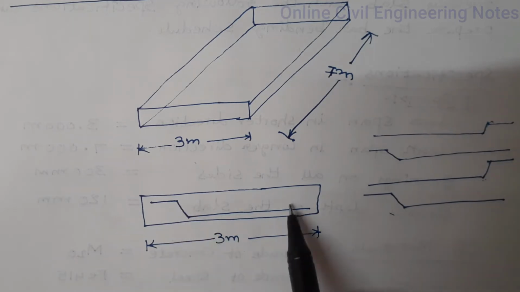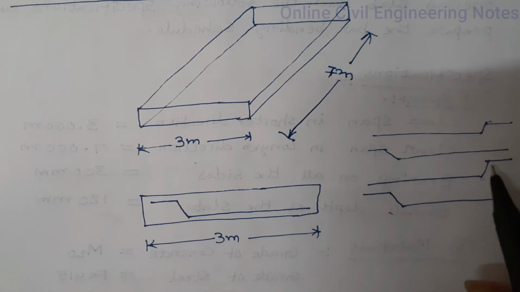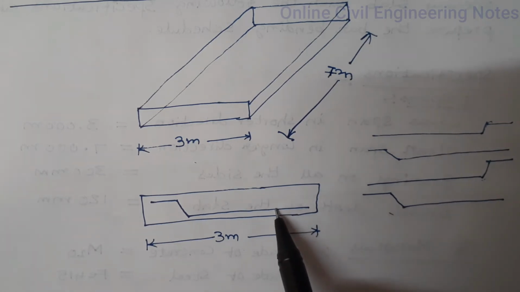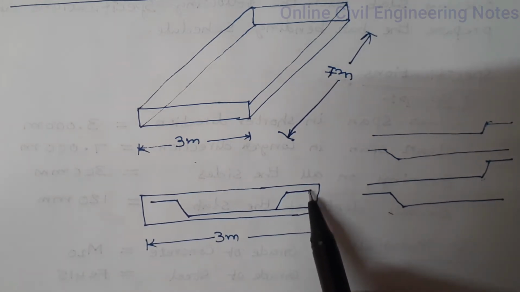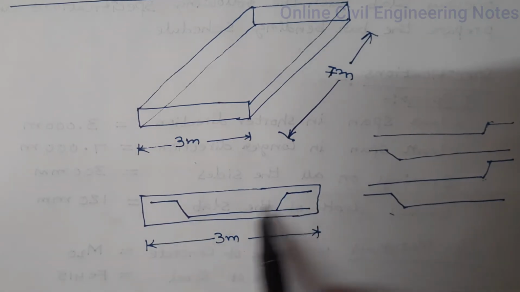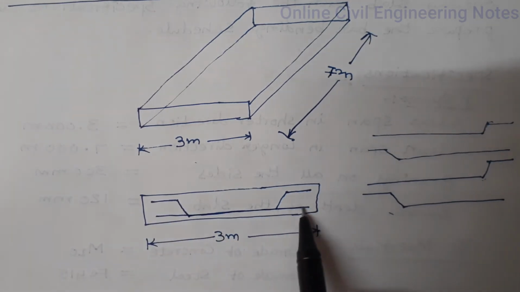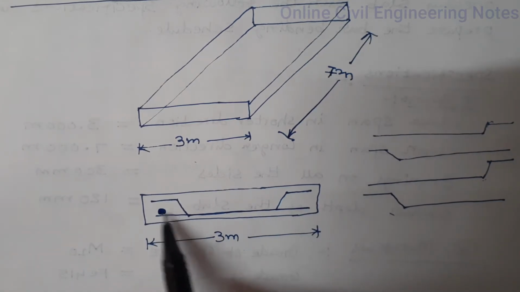So this is a cranked bar. Next bar is having a cranked portion here. So on this side, another crank, another bar. In the cross section, this looks like this, and which is a distribution bar.